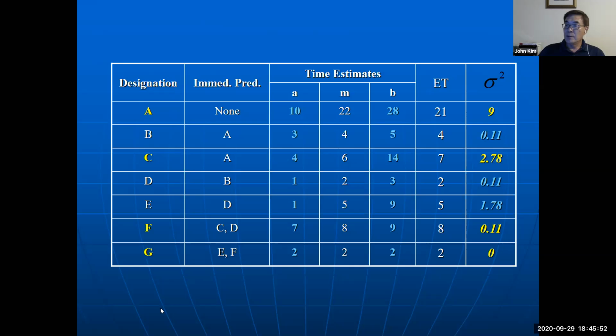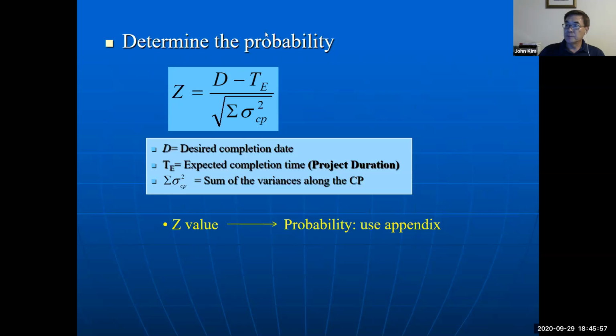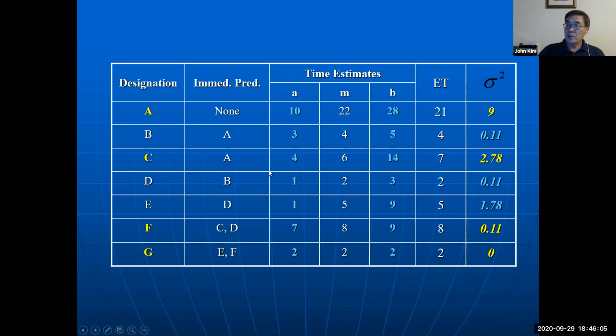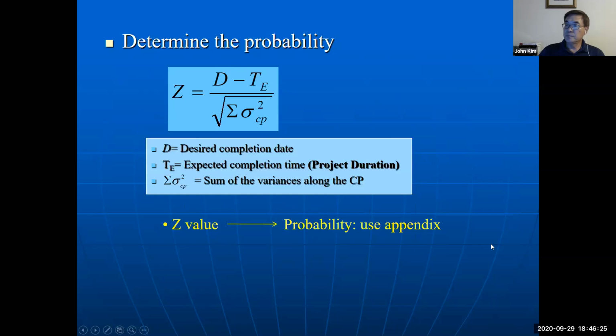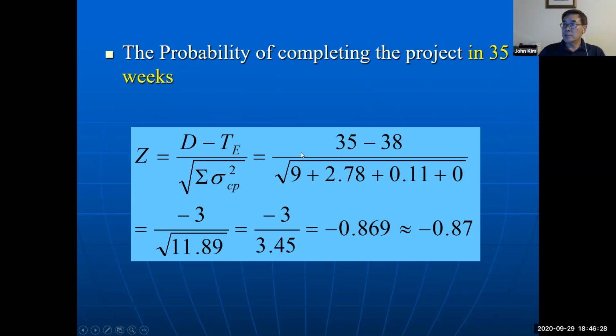And then the Z-score formula: the sum of variance on the critical path. So add not all, just the variances on the critical path. The critical path is A, C, F, G. So add only 9, 2.78, 0.11, and 0. So D is 35.